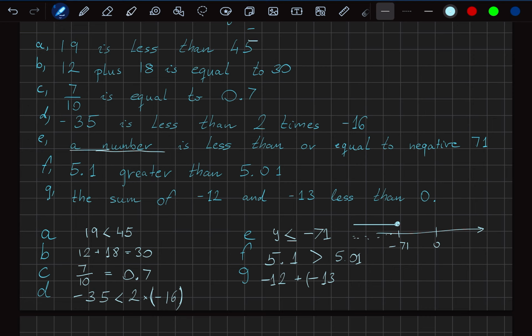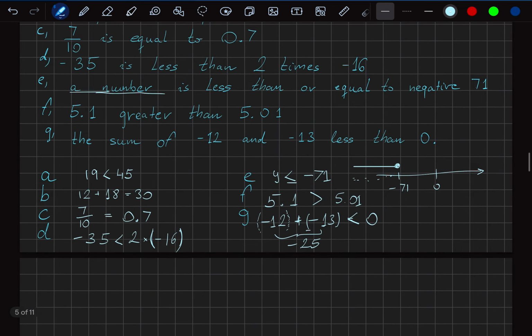Here we start with a negative sign, so we don't necessarily put the bracket. Normally I will put equal, it's not equal, sorry, less than 0. And if I add them, it's minus 25. We can see plus and minus together is a minus, and yes, it's less than 0.